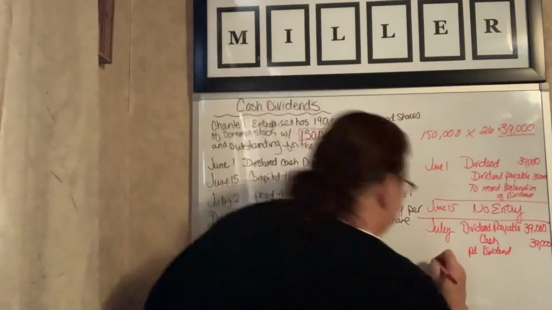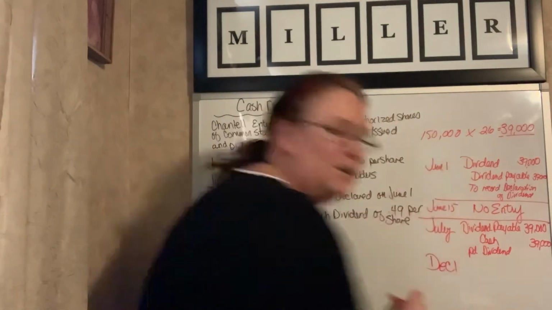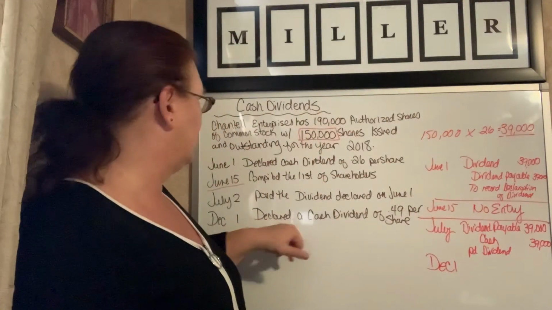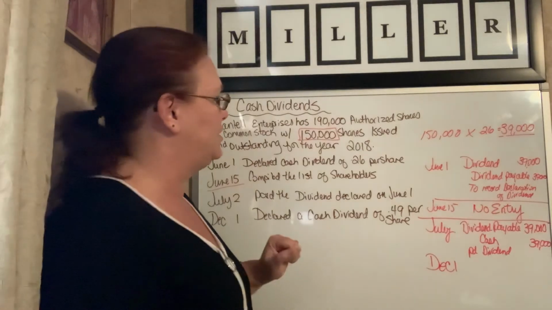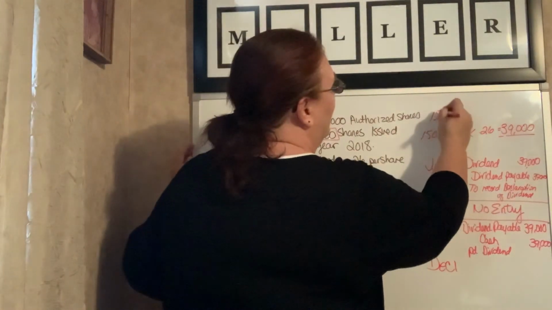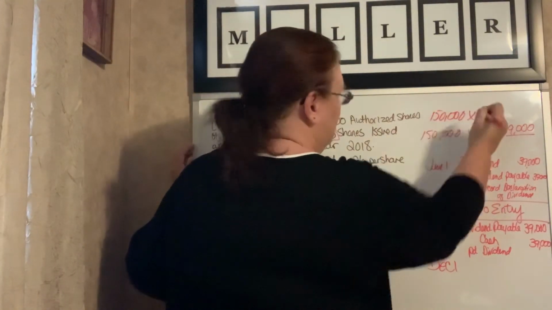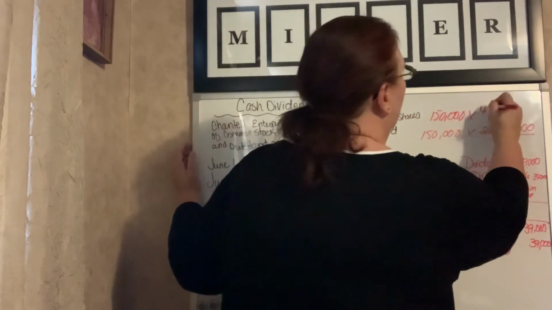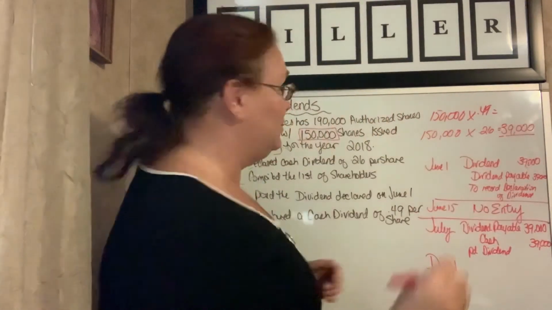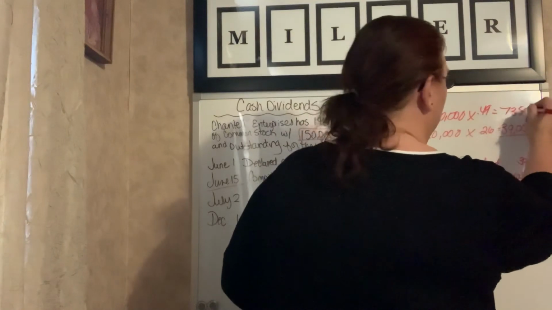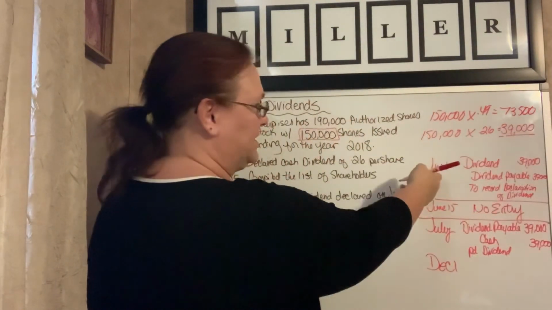It says December 1st, we declared a cash dividend of 49 cents per share. So now we have to go back up here again, 150,000 times 0.49. That comes to 73,500. So we would do the same journal entry again.